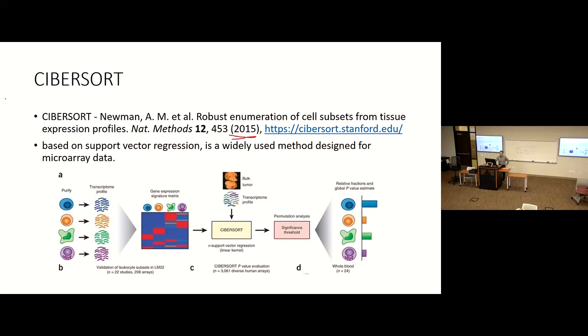If you have these 4 different cell types and you have single cell data from their expression, you can make a matrix. This matrix contains information of different types of cells: macrophage, B cell, T cell, dendritic cell, and their gene expression. We can get this very easily, right?